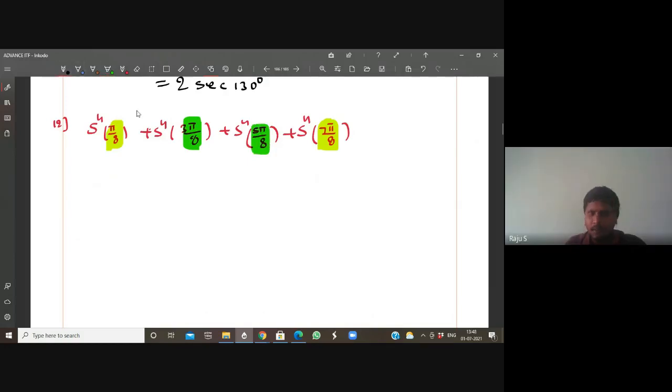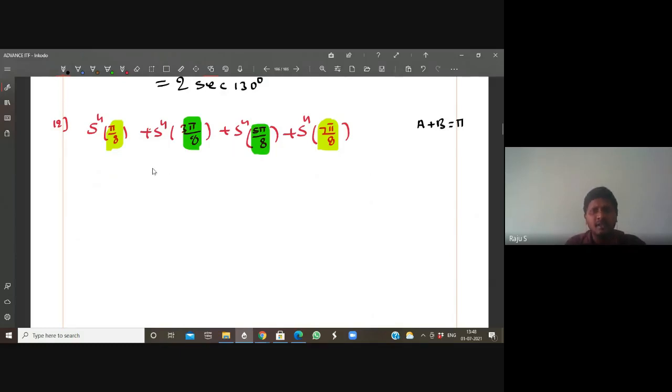Actually, whenever a plus b is equal to pi, that is 180, then sine square a plus sine square b can be written as 2 times sine square a.